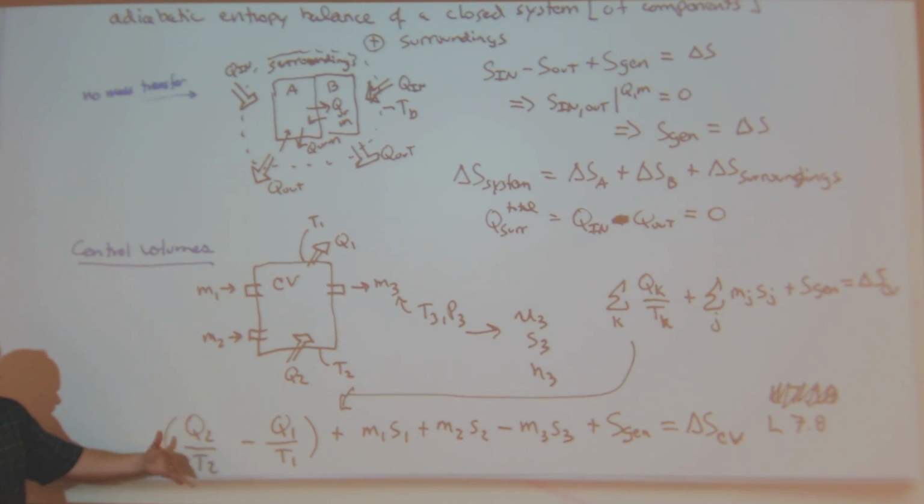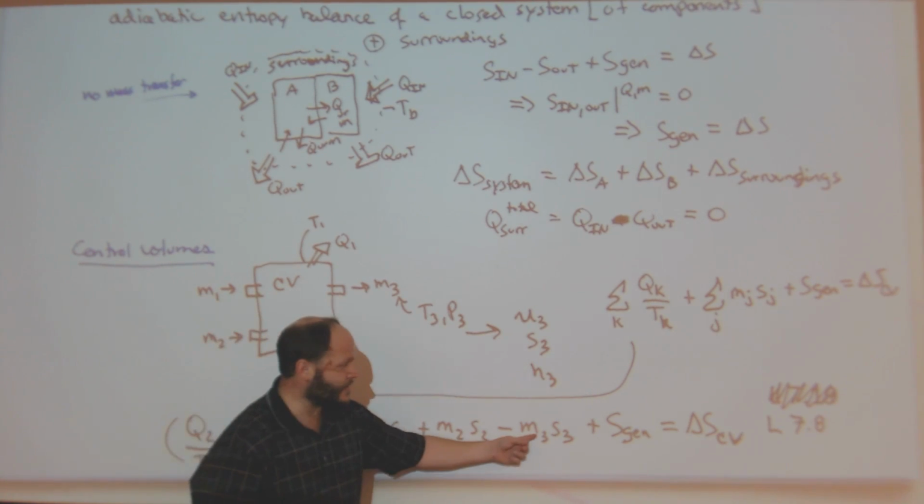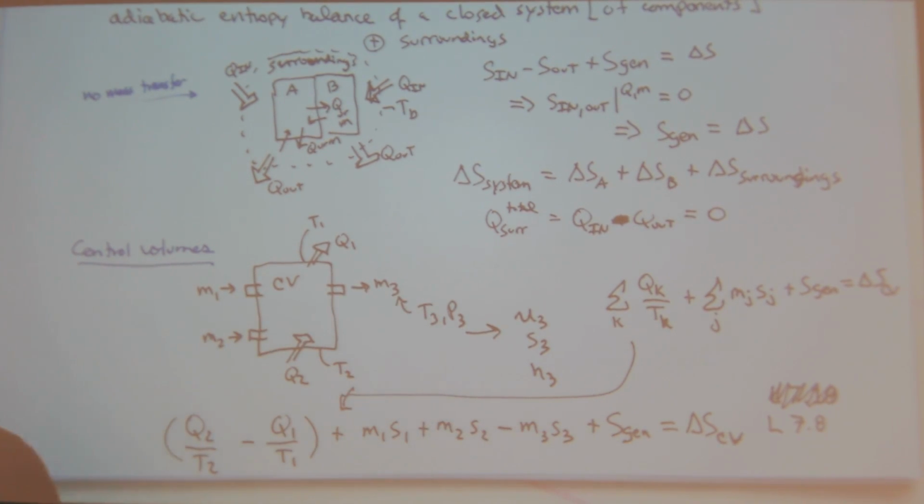So I just added in minus out, plus S gen equals delta S of my control volume.